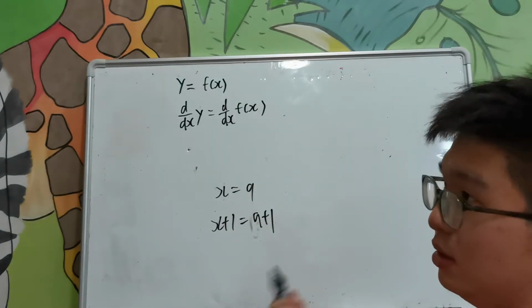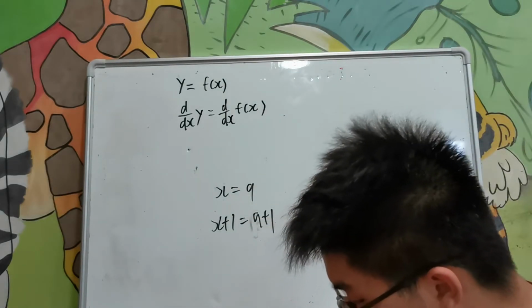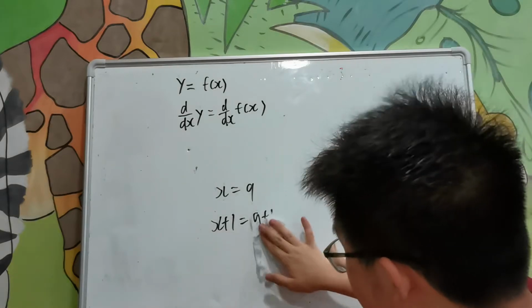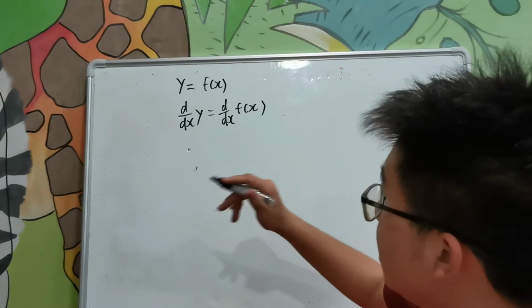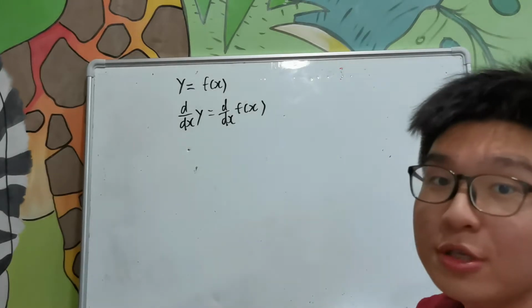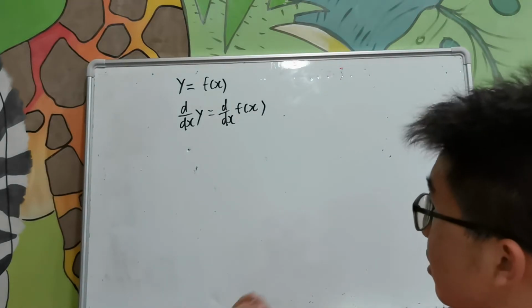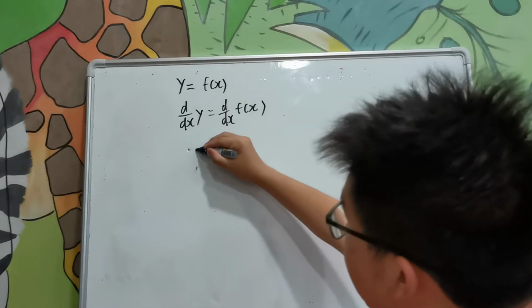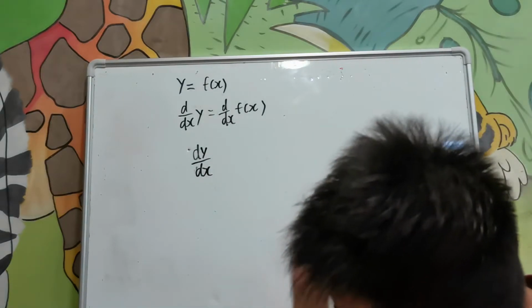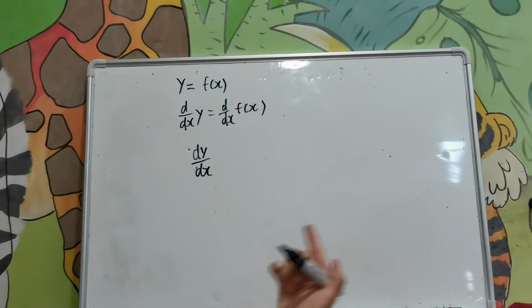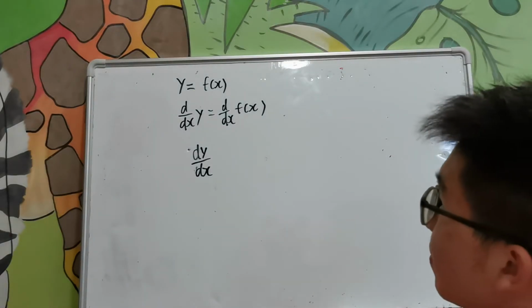It's the same logic as this. So notation wise, when you write d dx of y, the most basic way to write the first derivative of y will be equal to dy dx. I'm going to remind you again that this is not a fraction, it's just notation convention.